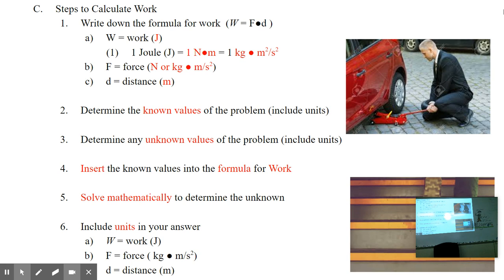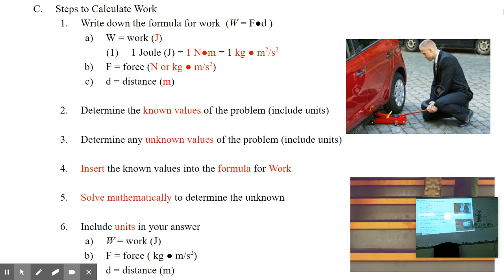But we can also break down that statement into what a Newton is. Okay? A Newton is a kilogram times meter per second squared. So if we take kilograms times meters per second squared multiplied by meter again, we get kilograms times meters squared per second squared.